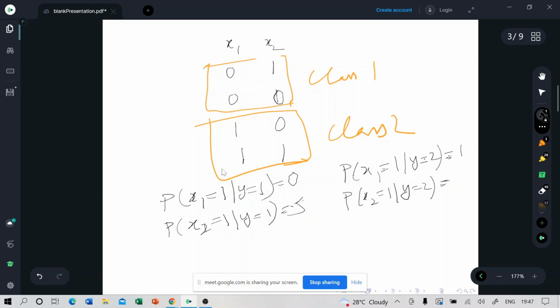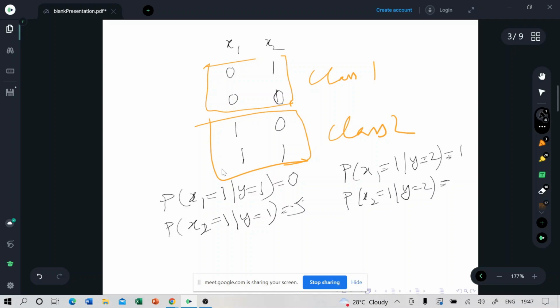Probability of x3 is equal to 1 given y is equal to 1, probability of x3 is equal to 1 given y is equal to 2.